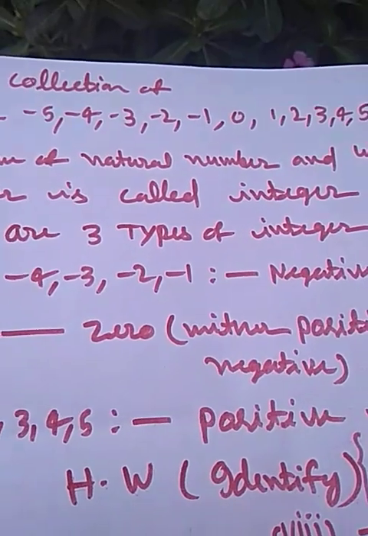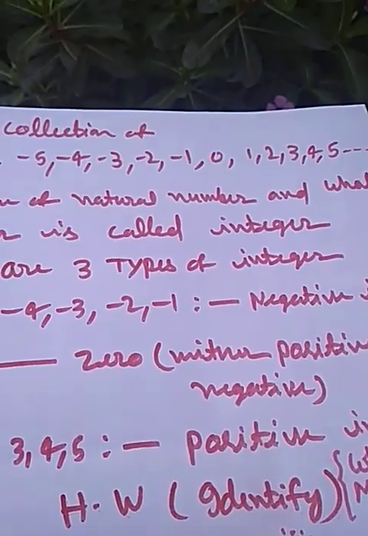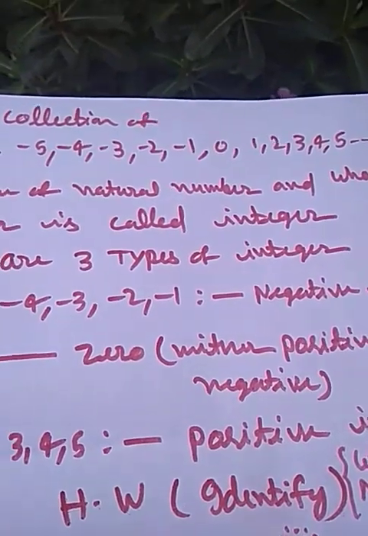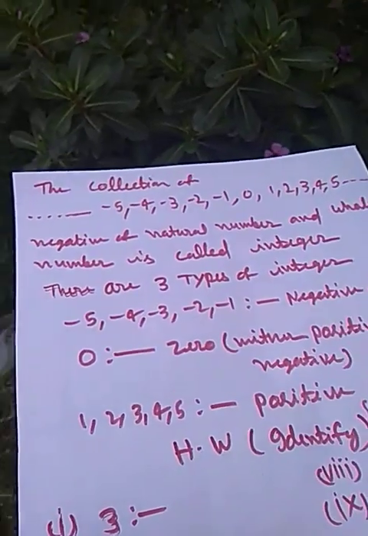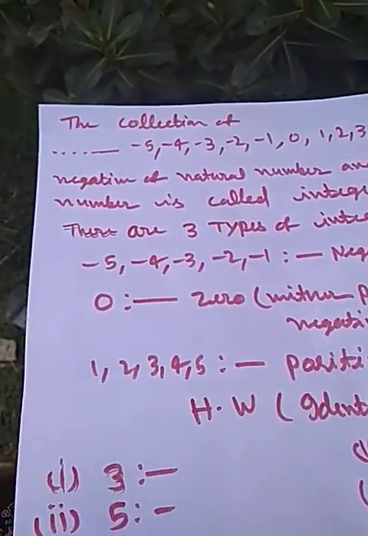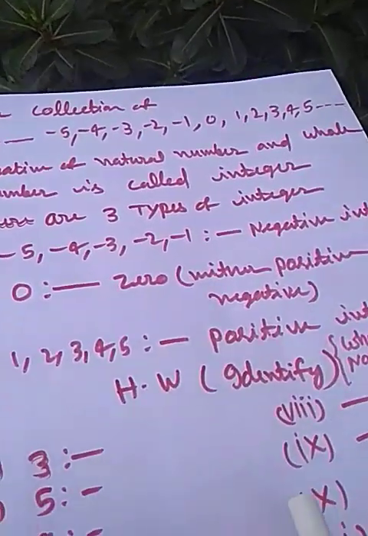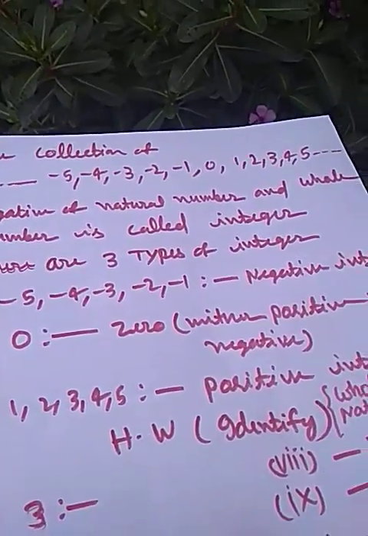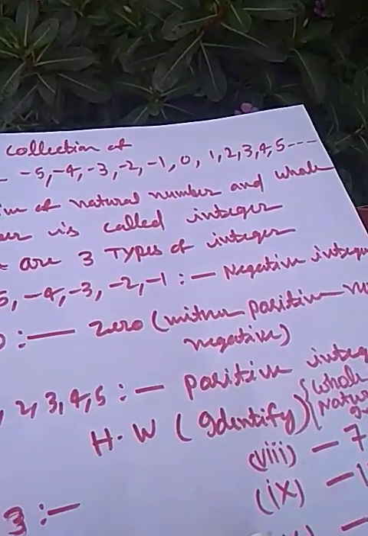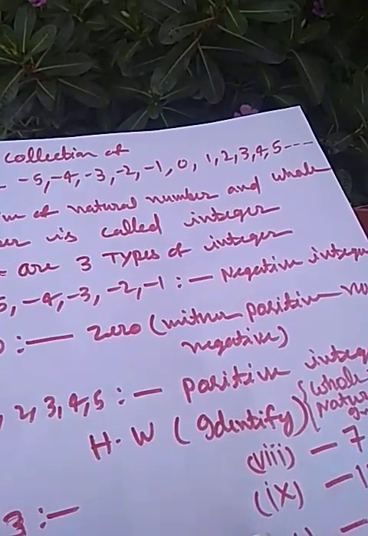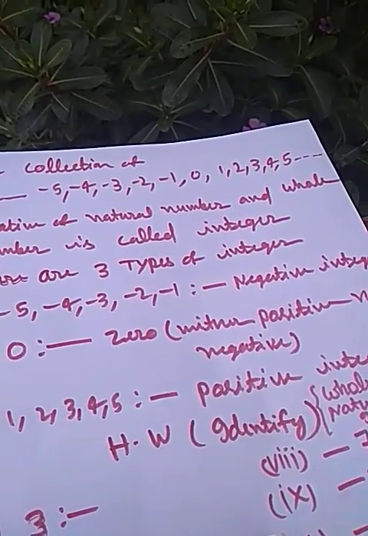And there are 3 type names: natural numbers, whole numbers, and integers. Now, on the basis of it, homework is given to the students. We shall identify the numbers and write the answer: whether each is a whole number, a natural number, or an integer, or all of them.